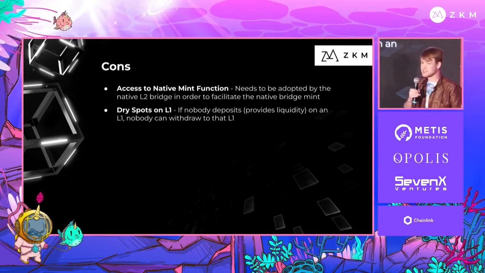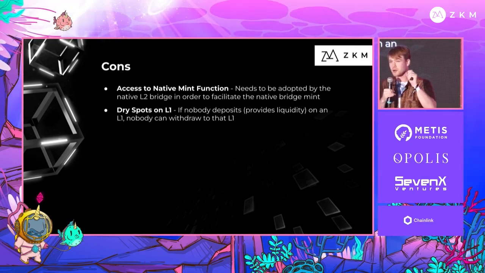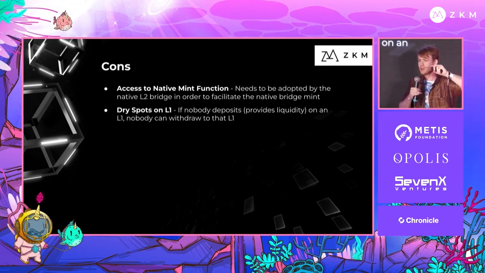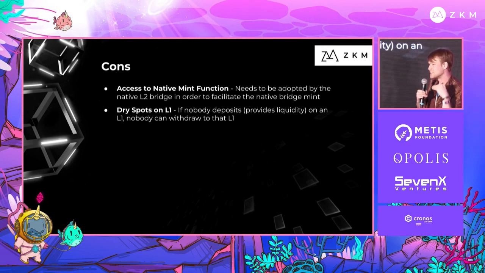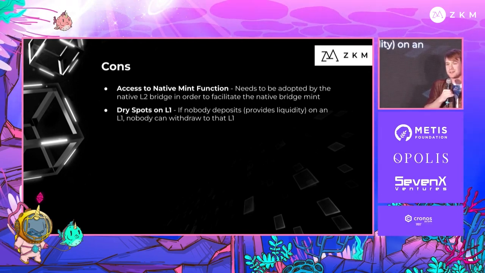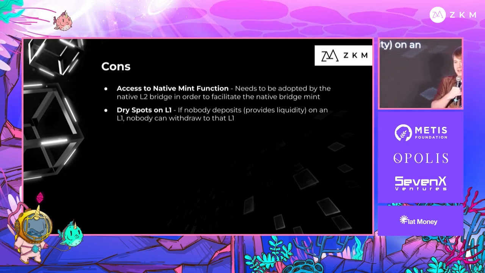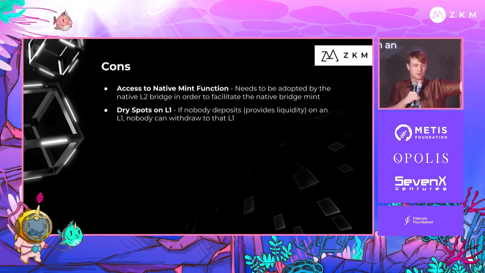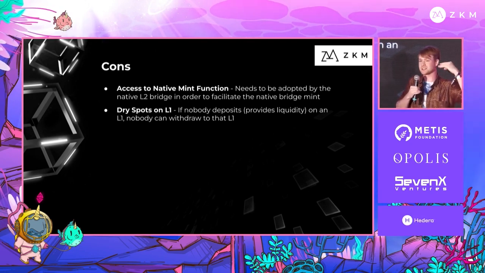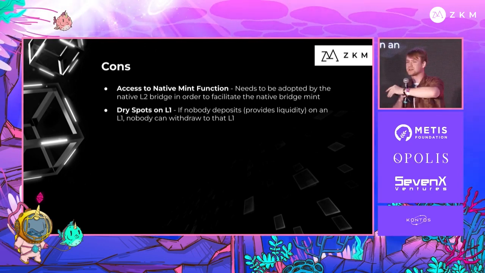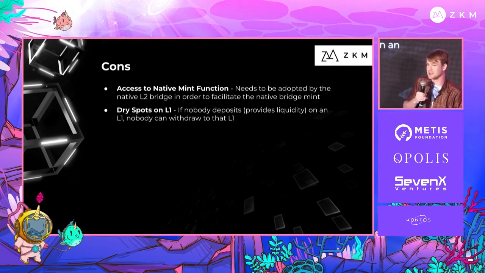The other downside is that there might be dry spots. Remember that scenario where I deposit USDT on ETH. If I want to withdraw this on Avalanche, I must have a corresponding amount of USDT on Avalanche. Let's say I bridge that 100 million to Avalanche, but Avalanche only has 1 million. Well, I can't utilize all of my assets on that L2 to L1. I would have to bridge to another ecosystem that contains that liquidity.